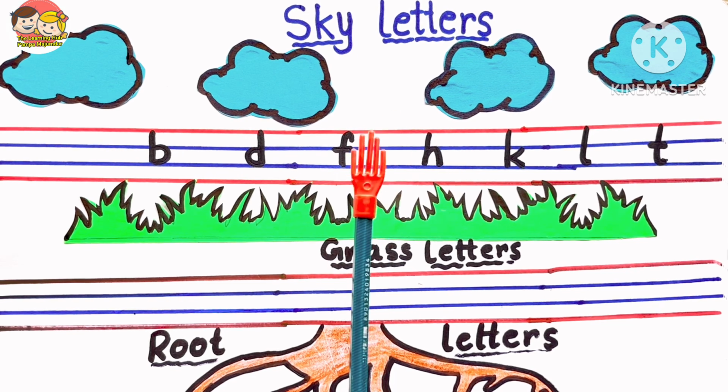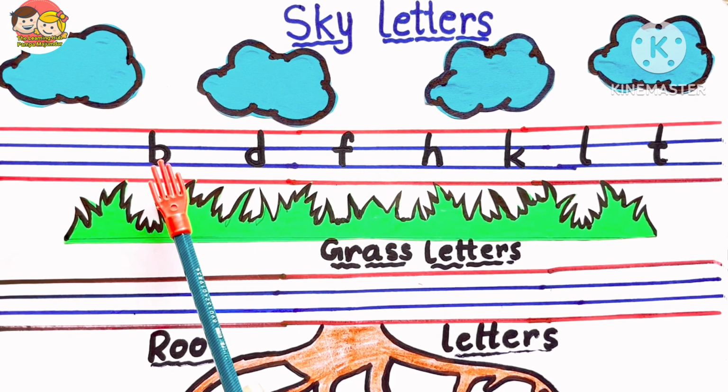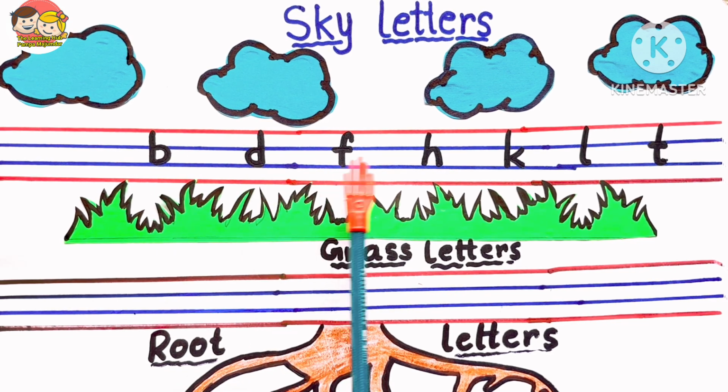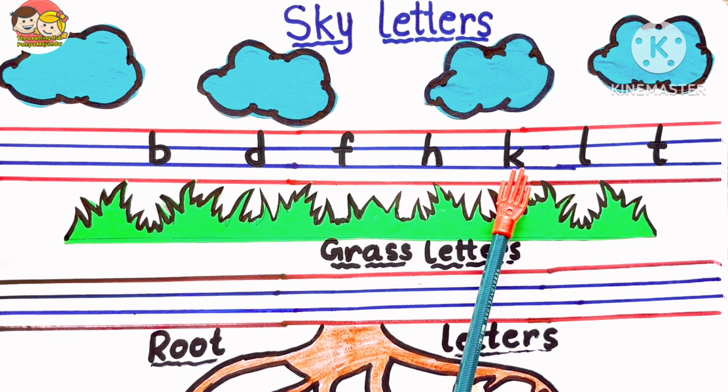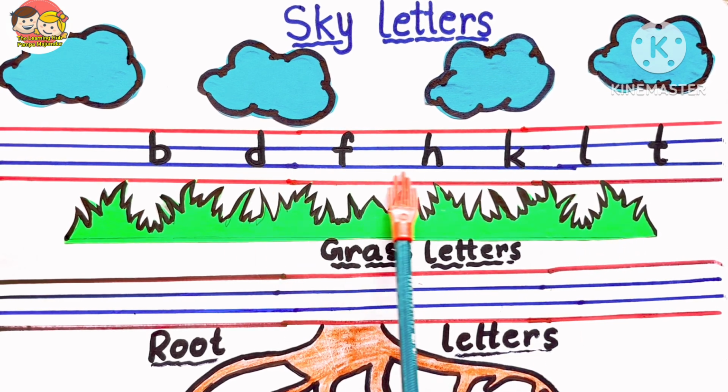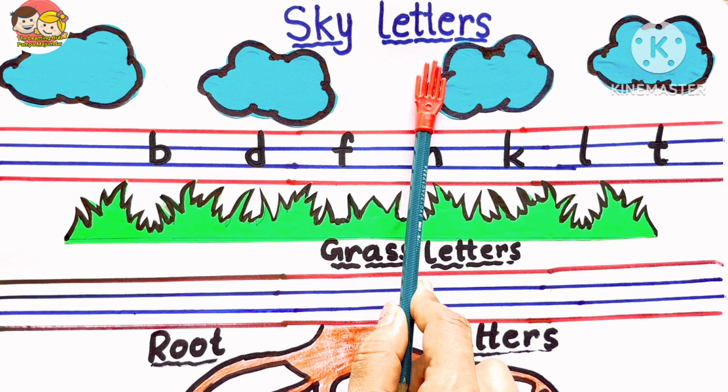So there are 7 sky letters. Repeat one more time. B, D, F, H, K, L, T. These letters are sky letters.